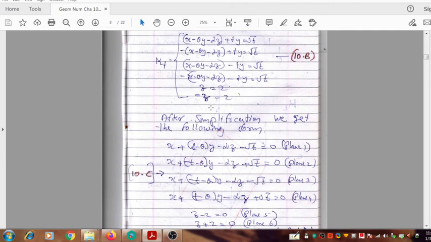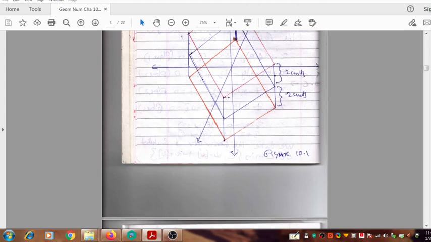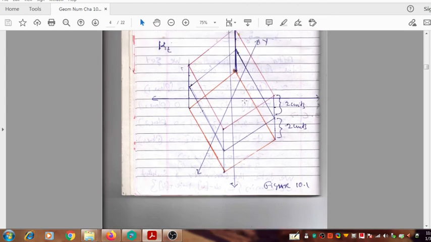So z equal to 2 and z equal to -2 are the equations of the top and the bottom. In between the top and the bottom faces, that lattice point can vary. You can find it anywhere in between these two faces.